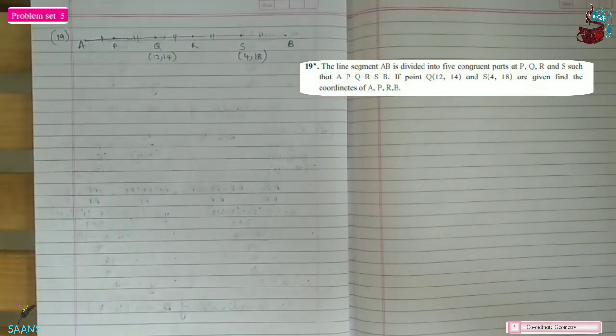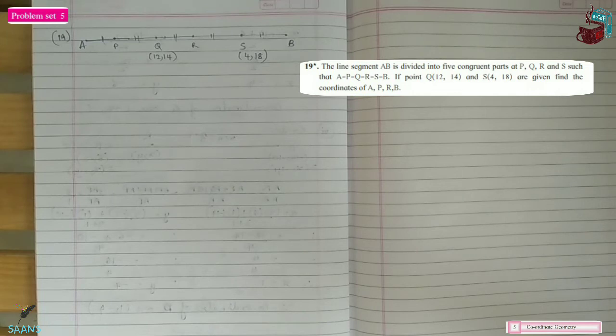What will you do in such a case? We don't have the section ratio, many things are unknown. But a very, very important word is being used over here: congruent. Congruent parts.